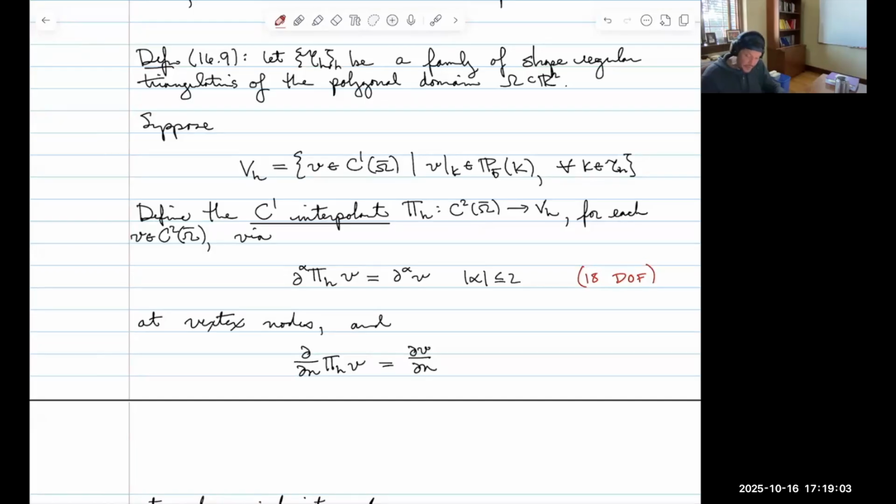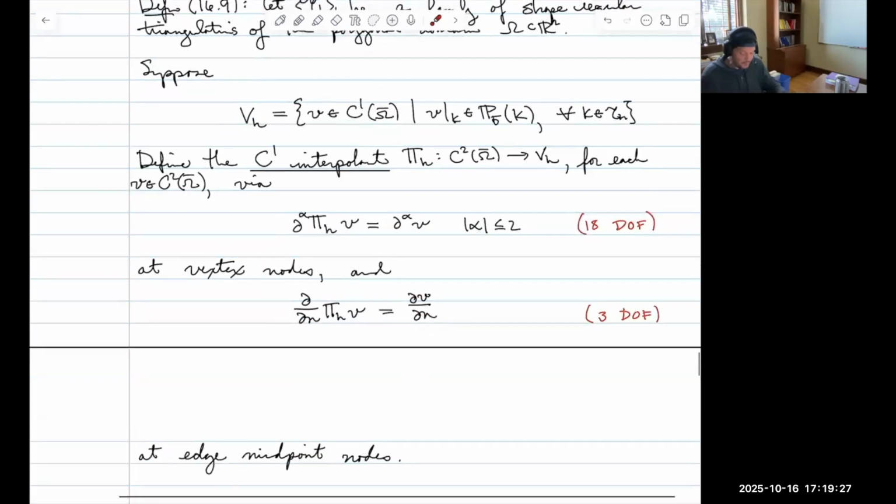And I'm going to use the 3 degrees of freedom at the edge midpoint nodes, the normal derivatives. We just have to have the normal derivative of the piecewise polynomial interpolant equaling the normal derivatives of v at each one of the edge midpoint nodes.